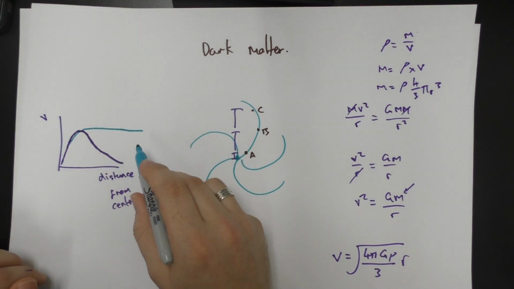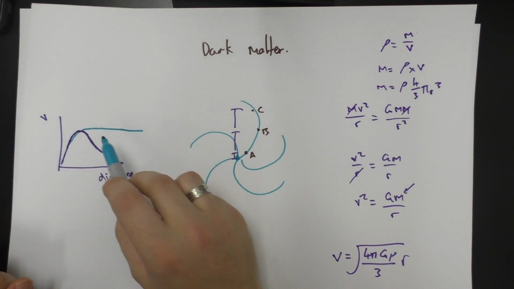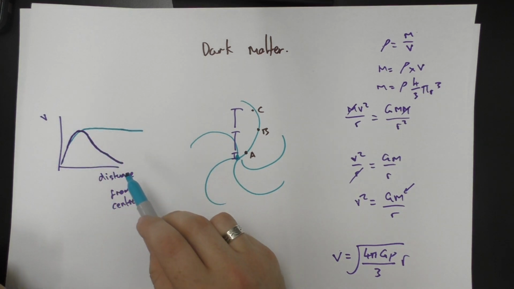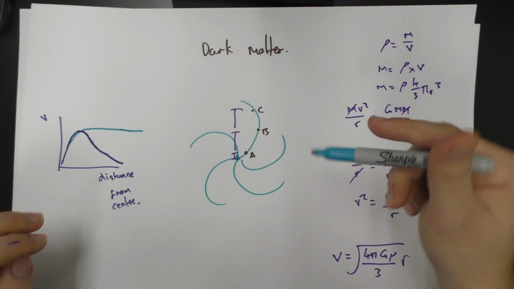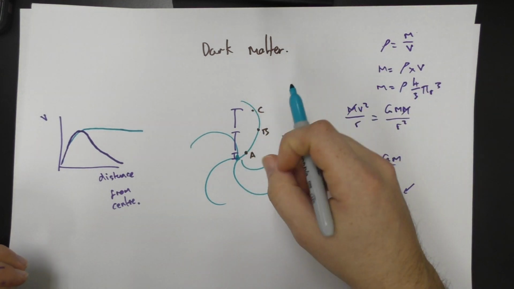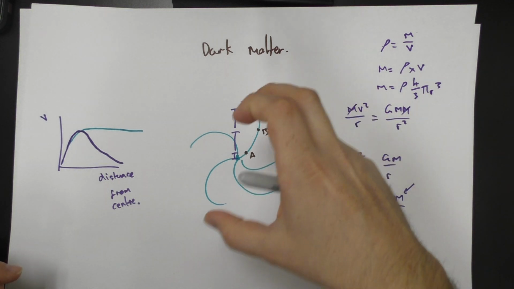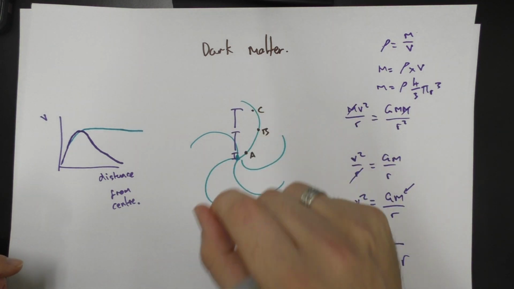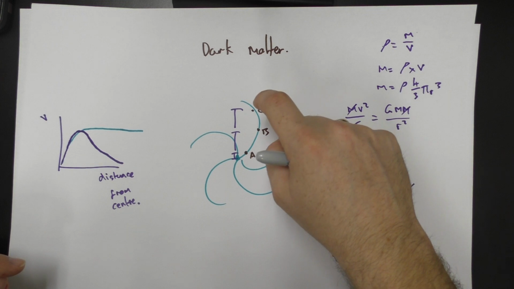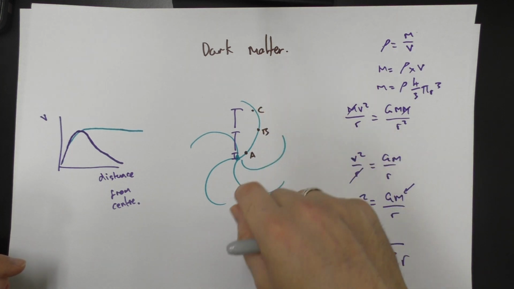Now that's baffling, because that means that the effect of the gravitational pull of the center of this is not being reduced with respect to r squared. It means that there's some extra mass in this galaxy.